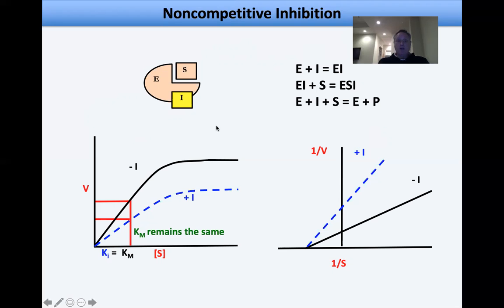But the inhibitor is influencing the capacity of the enzyme-substrate complex to actually form product, so the Vmax is lower. On the Lineweaver-Burk plot, you see a lower Vmax, because 1 over Vmax gives a higher y-intercept, but the Km intercept on the x-axis is the same.